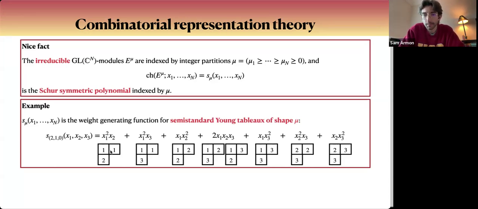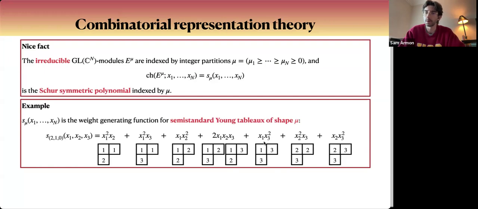Each semi-standard Young tableau, I can associate a monomial to it by just looking at how many 1s appear, I raise x1 to that power, how many 2s appear, raise x2 to that power, and so on and so forth. Like this first semi-standard tableau, for instance, gives the monomial x1 squared x2, whereas picking out one further down the line, here I have a 1 and two 3s.